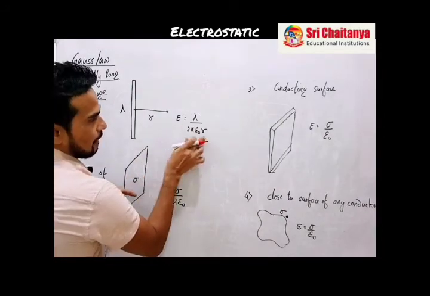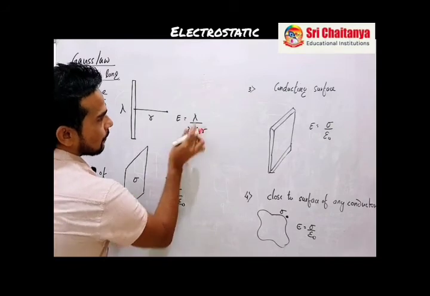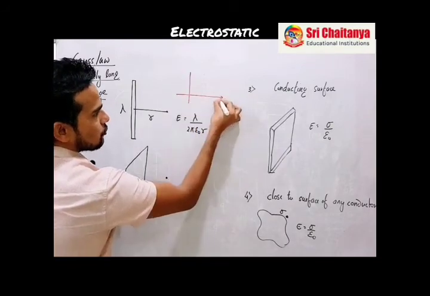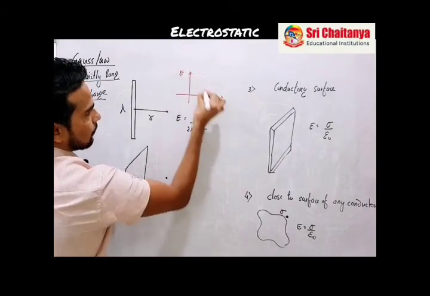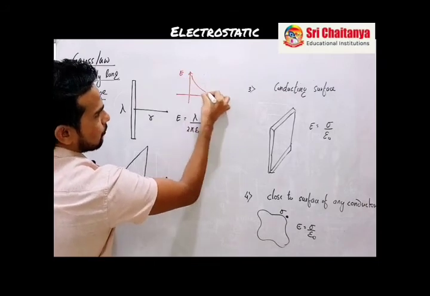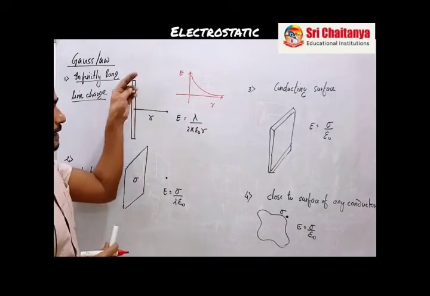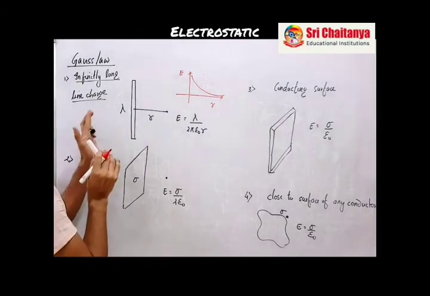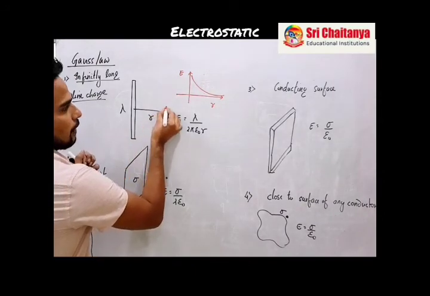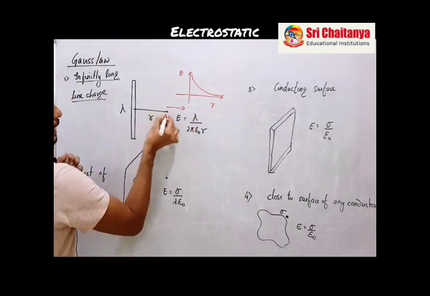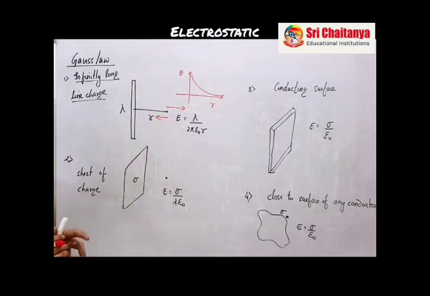You can see E is inversely proportional to r. So if a graph is asked, you can draw it. E and r are inversely proportional, so you'll get a graph like this, that is a hyperbola. If it is a positive line charge, the field will be away. If it is a negative line charge, the field will be towards.